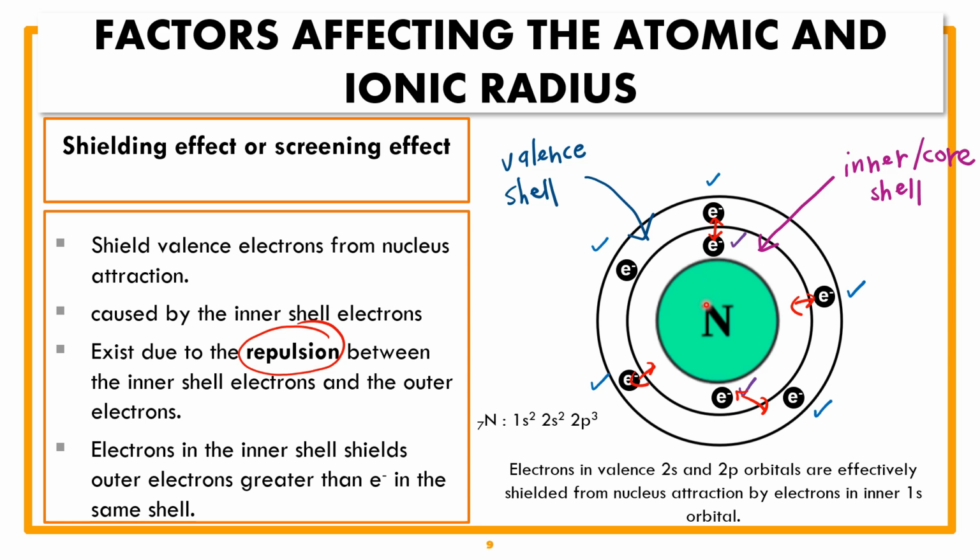So in the case of shielding effect, electrons in the inner shell will shield outer electrons better than the electron in the same outer shell. Maksudnya, kuasa perisai ini lebih baik dilakukan oleh elektron pada inner shell berbanding dengan elektron yang berada pada shell yang sama. So that's why shielding effect or screening effect also can affect the atomic and ionic radius.